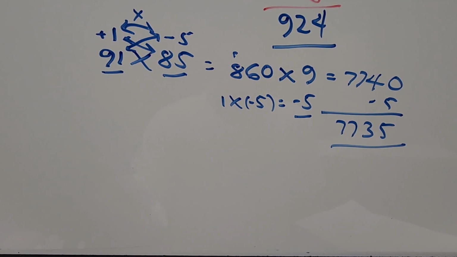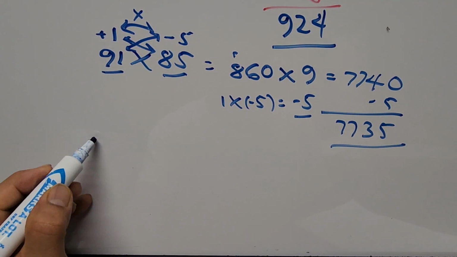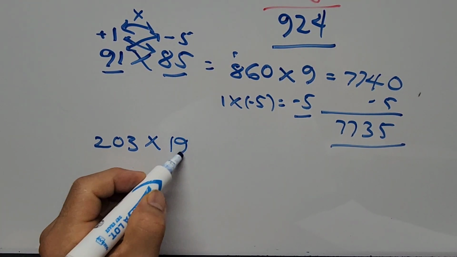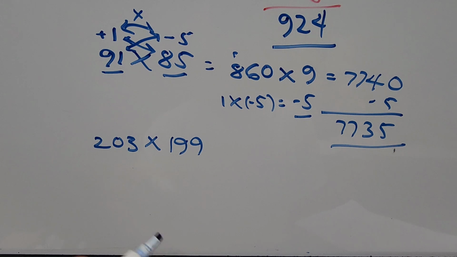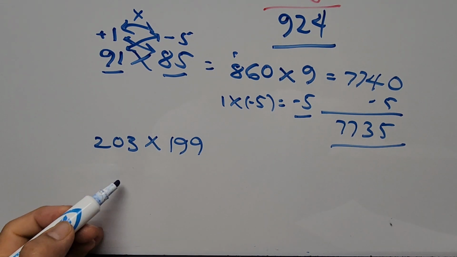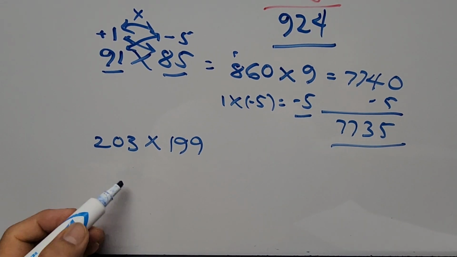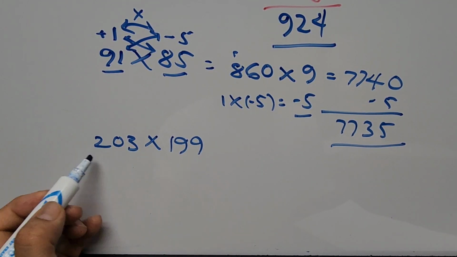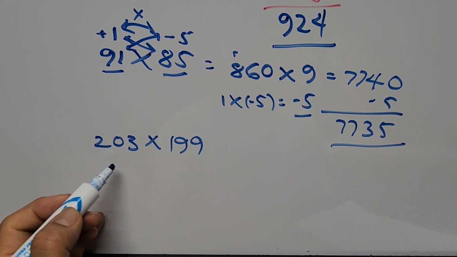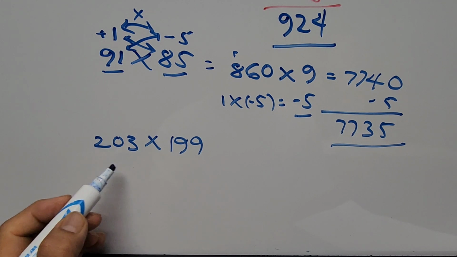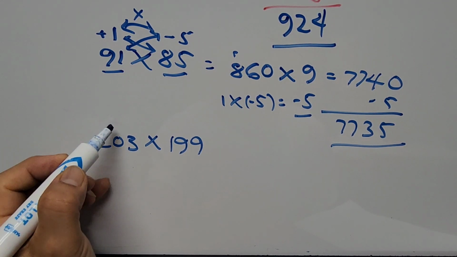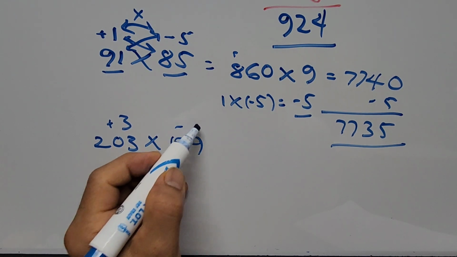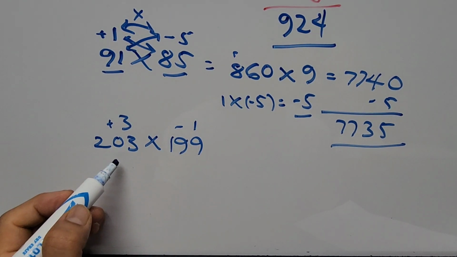Let's say 203 times 199. So now we have 3 digits, right? And our base now is 200, right? So these are both close to each other, 203 and 199. So we're taking base 200. So this is 3 points over 200. 199 is 1 point below 200.